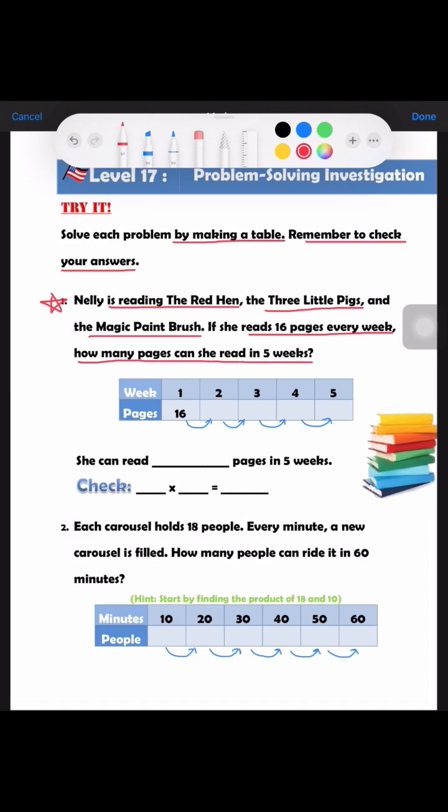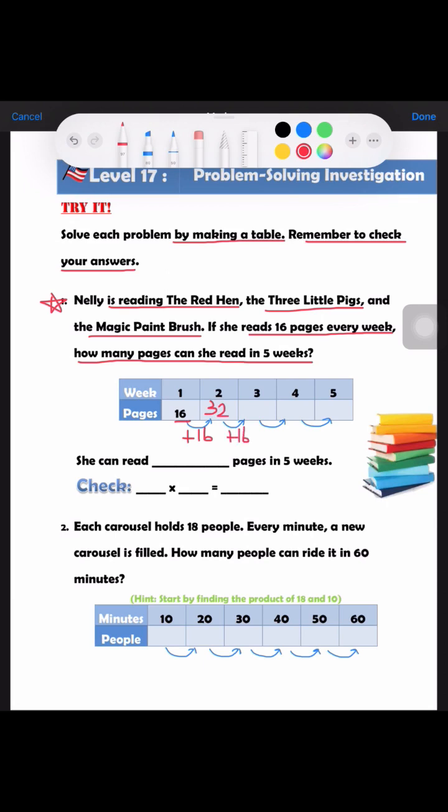Okay, we find the answer by making a table. In the first week, she can read 16 pages. In the second week, how many pages can she read? There will be 16 plus 16, which is 32. How about in 3 weeks?